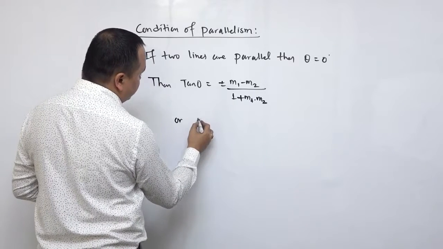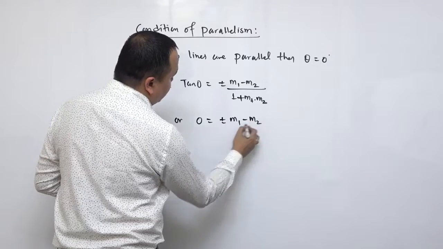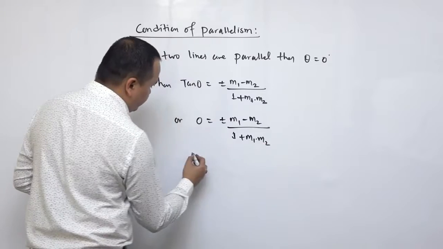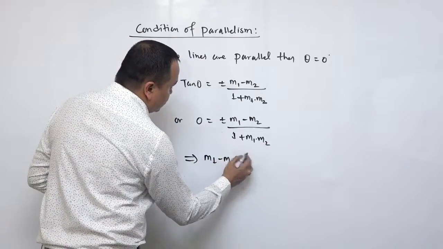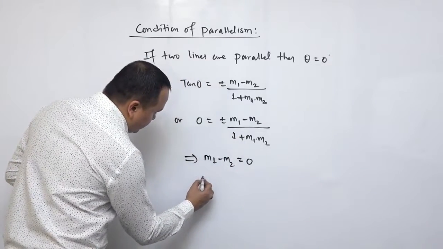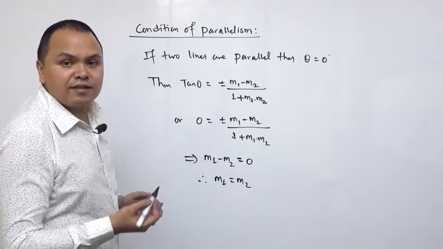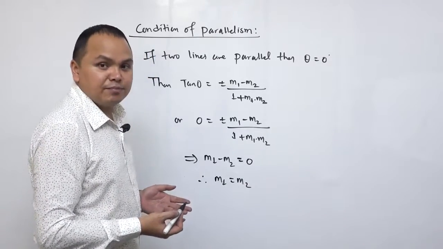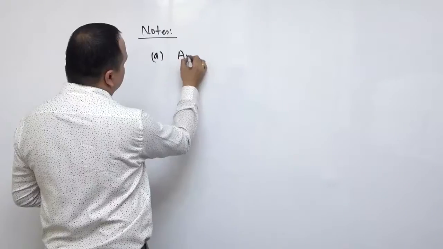The value of tan 0 is 0, so m1 minus m2 is equal to 0. Therefore m1 is equal to m2. If two lines are parallel, then their slopes are the same, m1 is equal to m2.